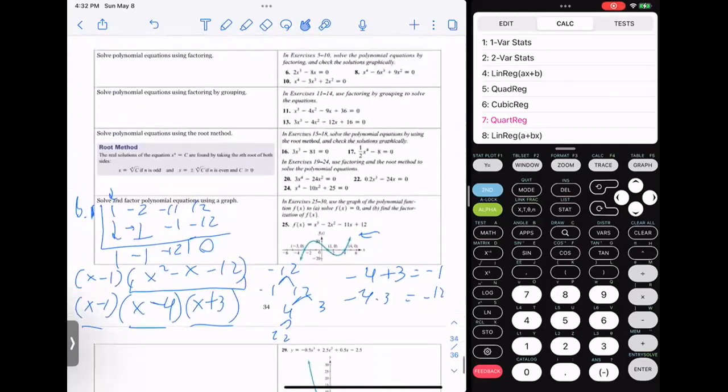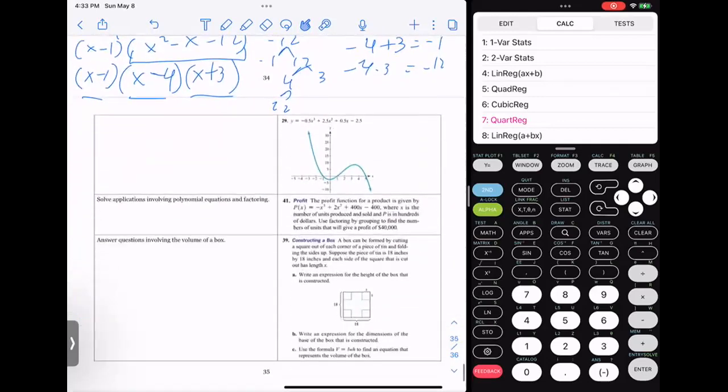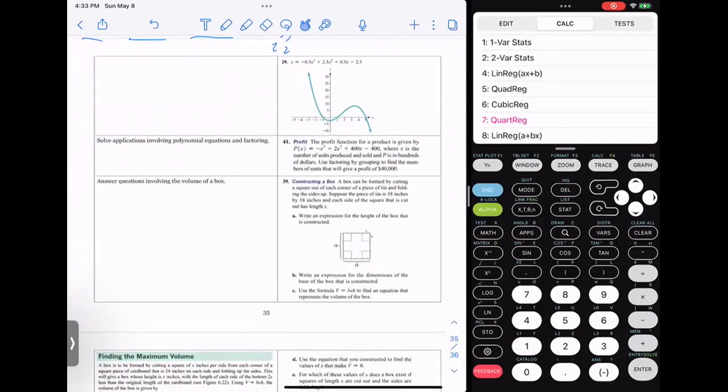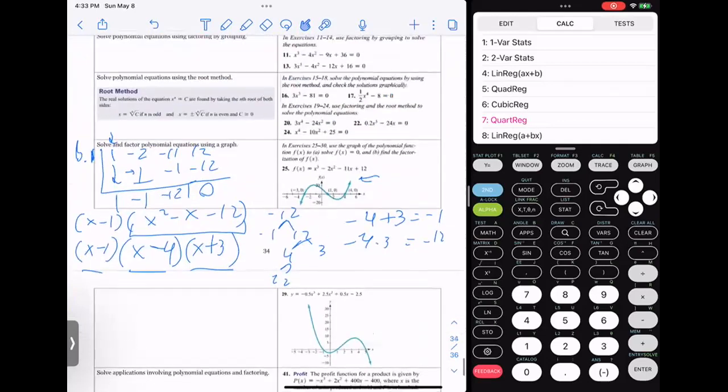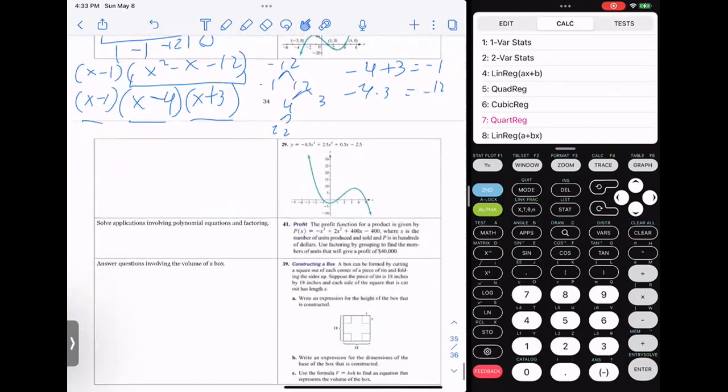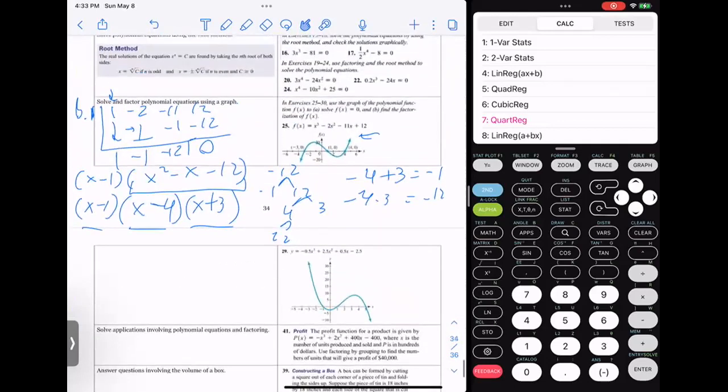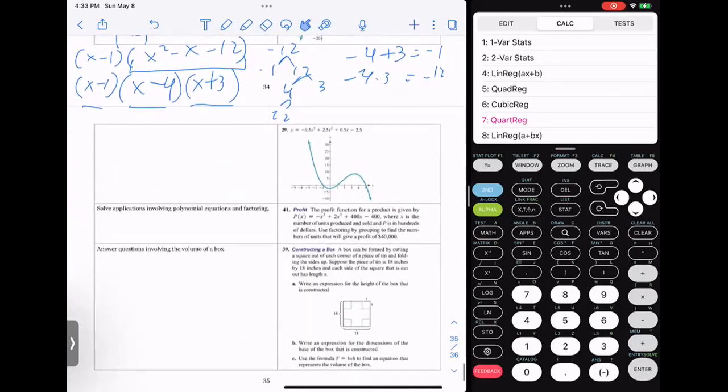Any other questions here? It's the same kind of problem. Well, maybe you did have to use synthetic division for that. It's just not going to factor out nicely.